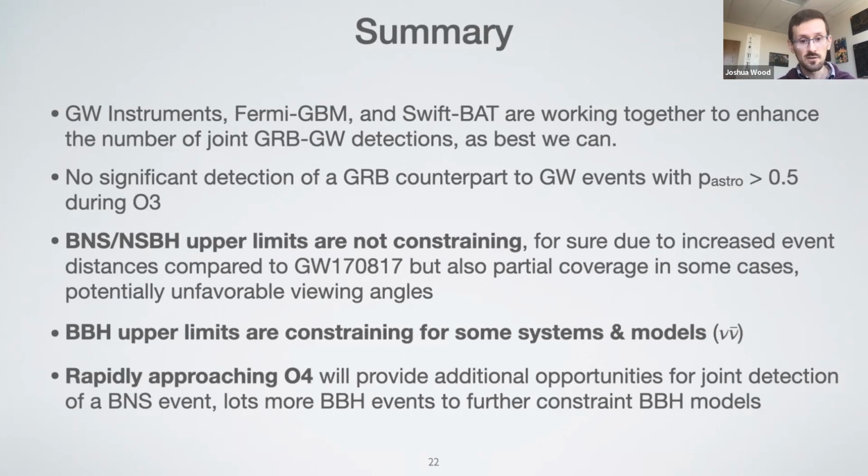If that were true, we would expect to see lots of these things. If it's not true, we don't expect to see as many. Once you build up a population of them and say how many we actually observe, you can start ruling out these off-axis emission models, even if you don't get additional detections. Great. Thank you very much.